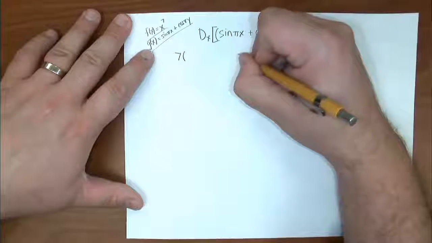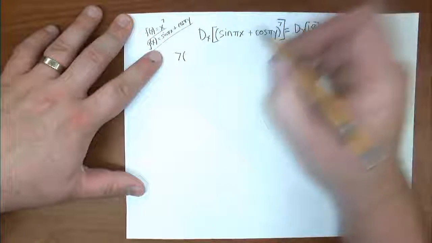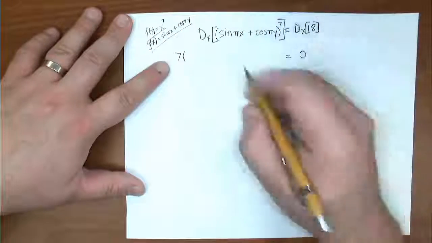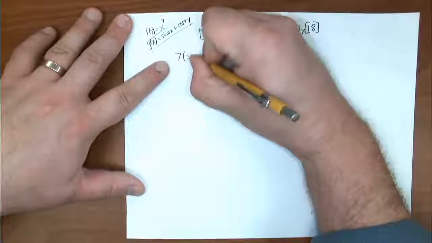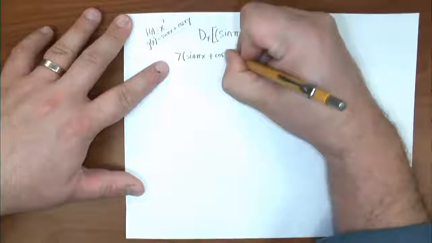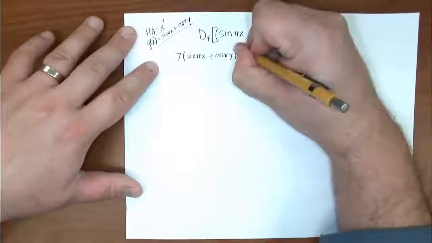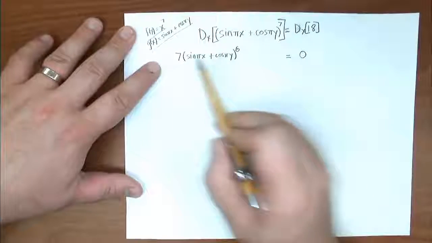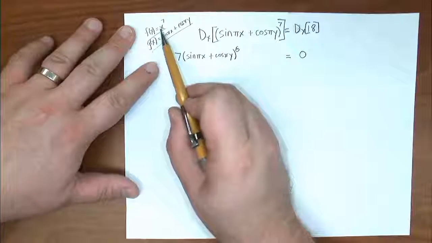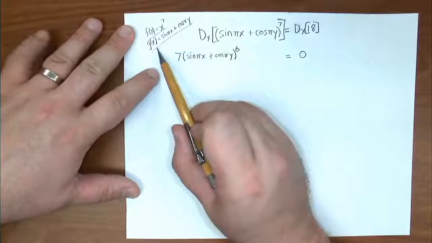But we evaluate that derivative of our outside function at our inside function. So we evaluate it at sine pi x plus cosine pi y. So there is the derivative of our outside function, 7x to the 6th power, evaluated at our inside function.